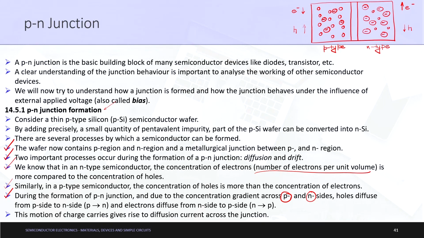Okay, why are the holes diffusing from the p side to the n side? We always know that movement is always from a higher gradient to a lower gradient.